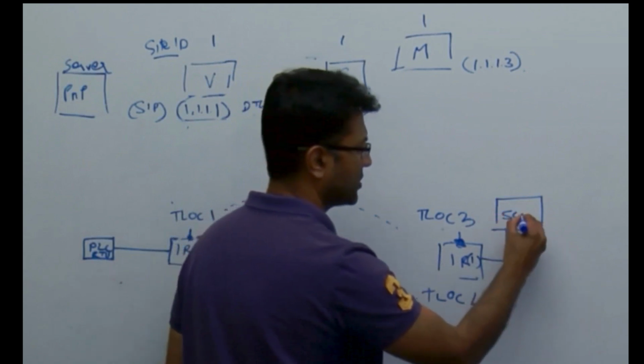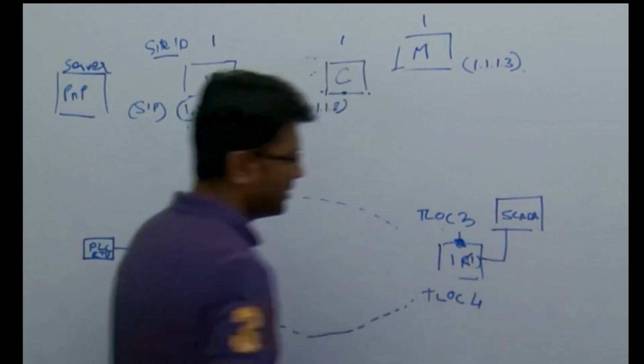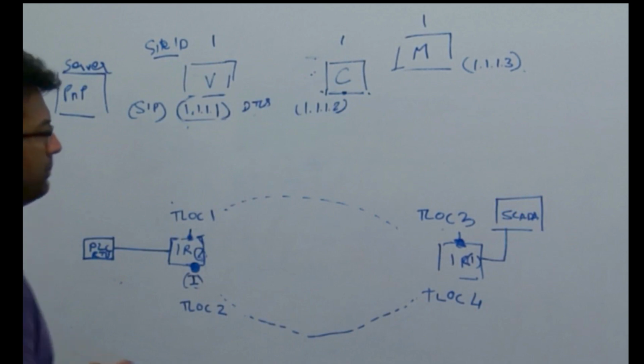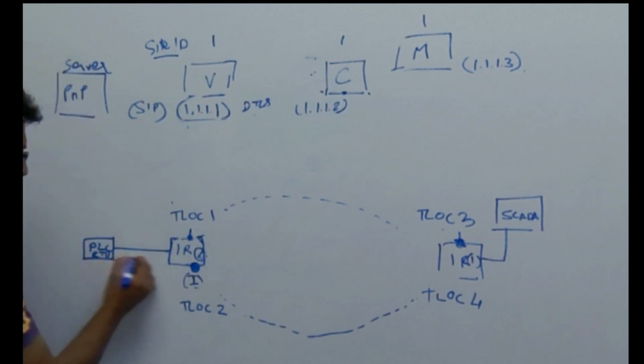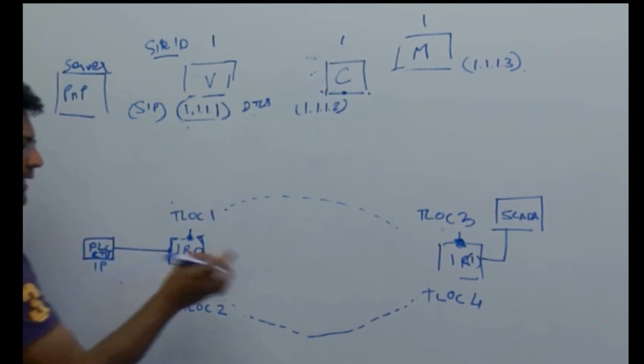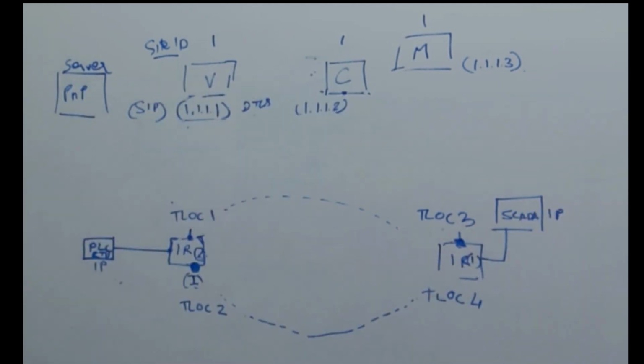We have a SCADA server on edge device 1. How do we make sure that PLC or RTU, an IP PLC or RTU, if it's an IP reachable controller, how does that reach our SCADA server?